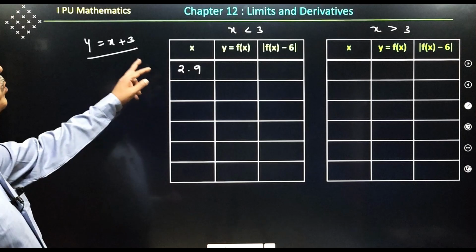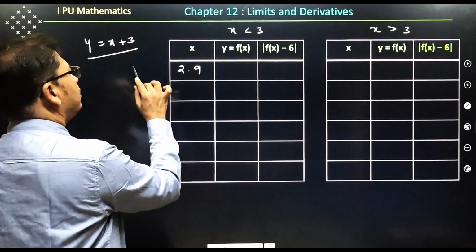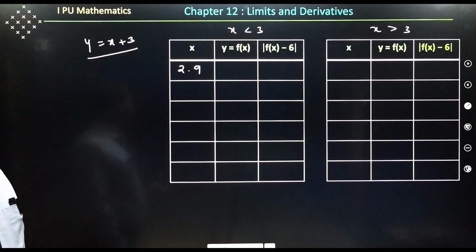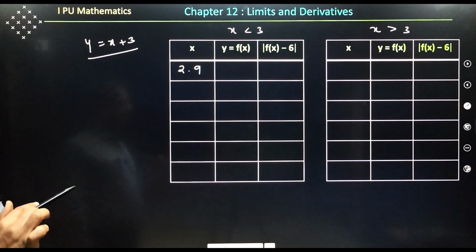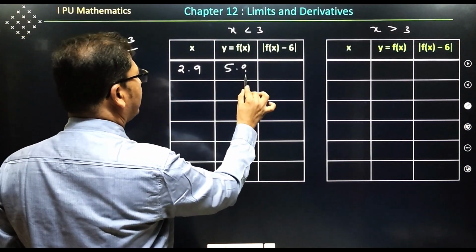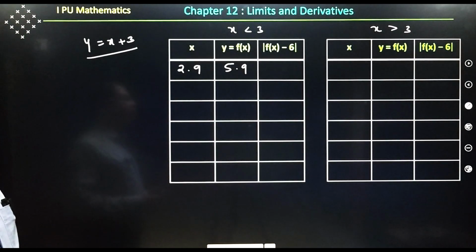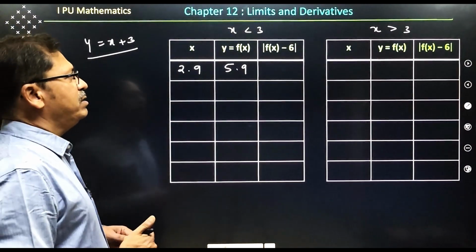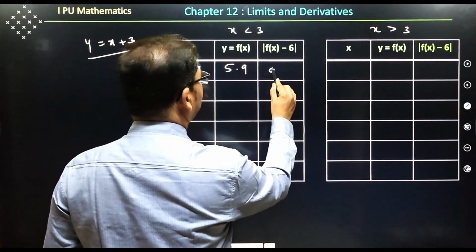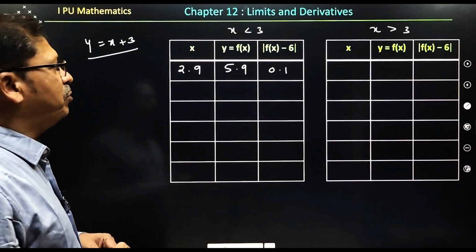If you substitute 2.9, 2.9 plus 3 leads to how much? 5.9. Okay. And take the difference of the absolute value of f of x and 6. 6 and 5.9 difference is 0.1. You need to take the positive value.